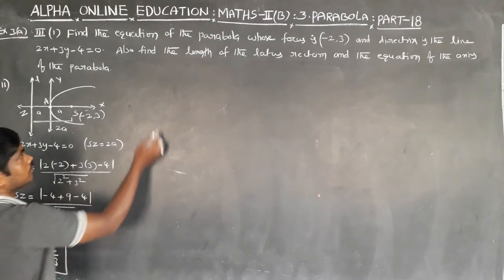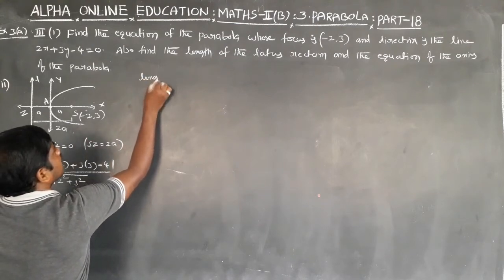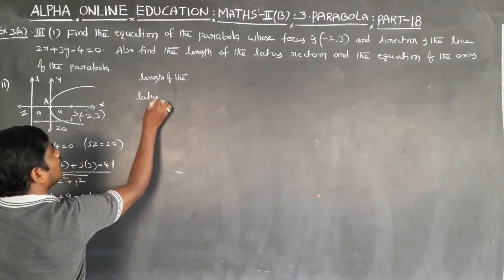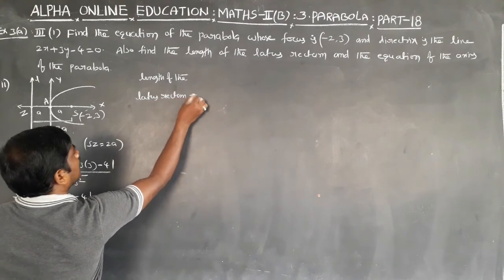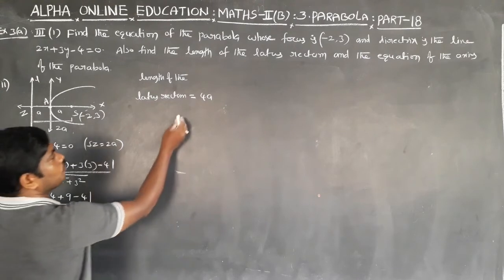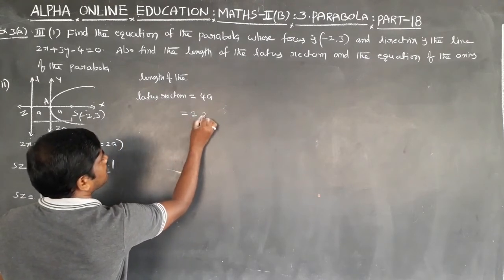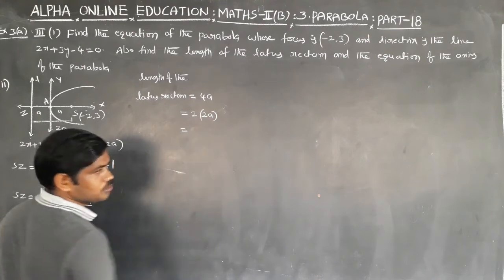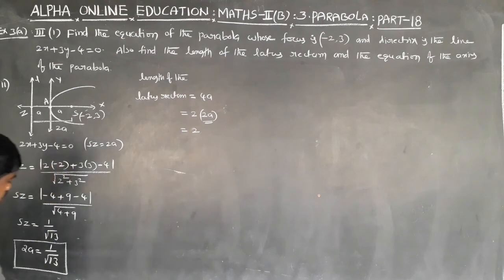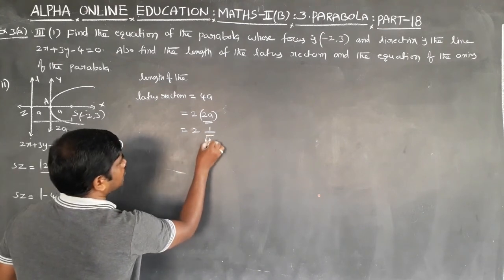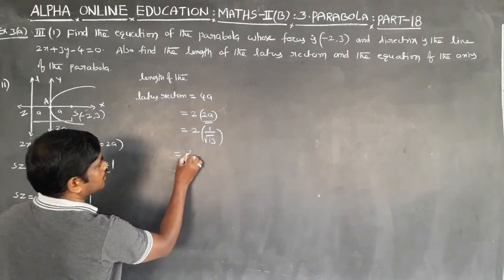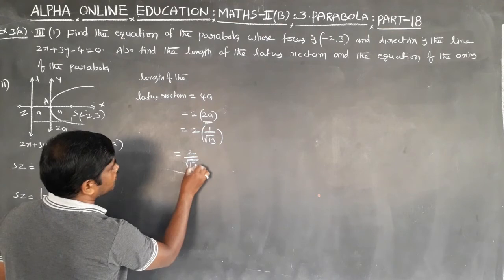Length of the latus rectum of a parabola is equal to 4a. 4a is equal to 2 into 2a. 2a is equal to 1 by root 13, so 2 into 1 by root 13 is 2 by root 13.